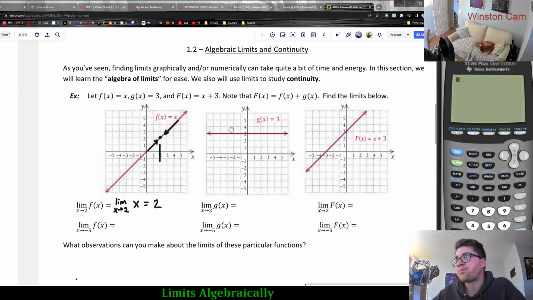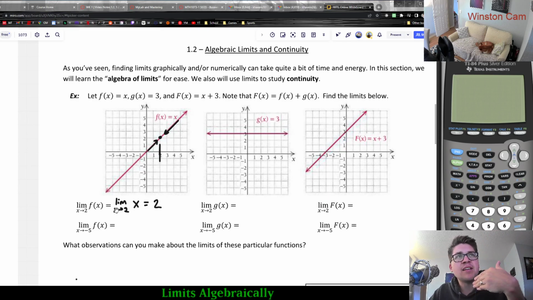Sometimes we might call this the substitution rule for a limit, but at the end of the day, with x, we're allowed to plug 2 in from the limit because the function is well defined. And to me, there's some common sense in this: if we're trying to figure out what's happening as x approaches 2, and we just have x, well, we know what's happening. It's 2, because the target of the limit is the same as the variable itself.